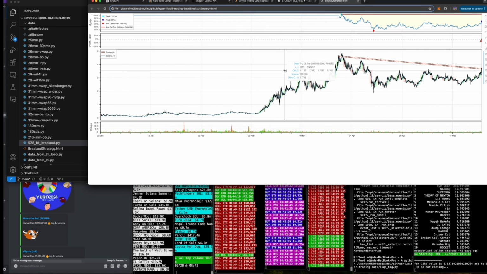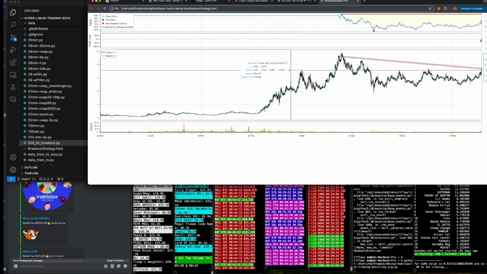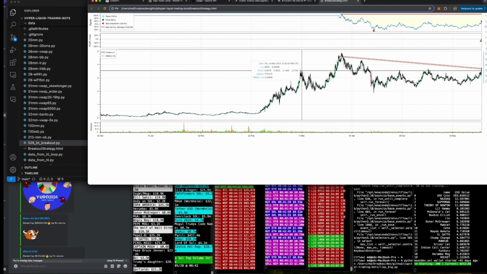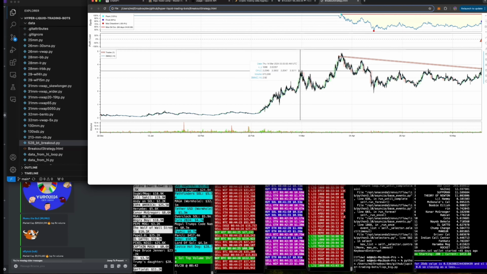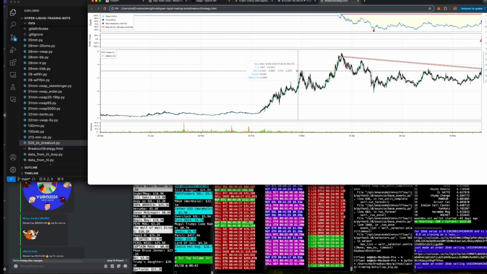I feel like it should have entered around here. Because this is the daily. Not necessarily the daily, but could be the hourly. Yeah, it's the daily. No, it's the hourly. This is the hourly.